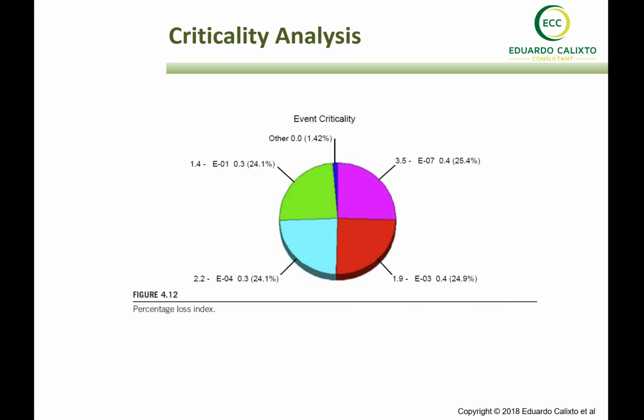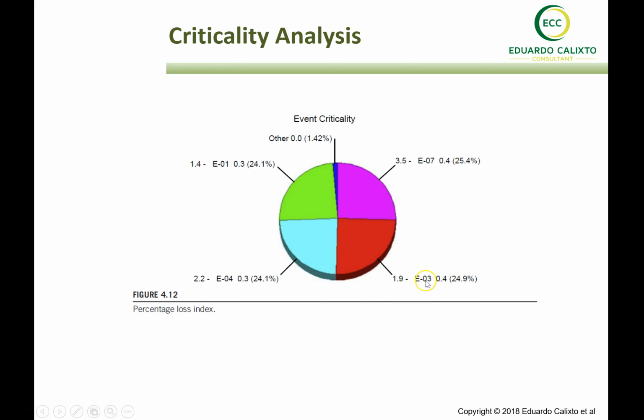Another very important step during the model, as I mentioned, is the criticality analysis, and we need to be careful in the case of production modeling, because in terms of production, we want to know which equipment causes more impact on production. Here was a case where we modeled the production, and we have the percentage of loss of production.